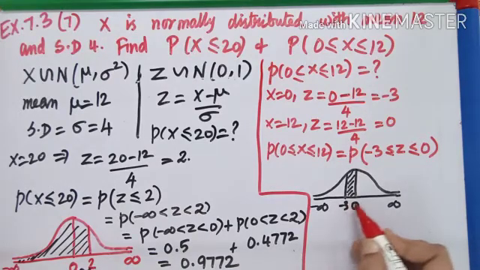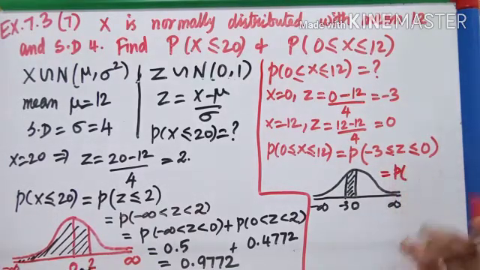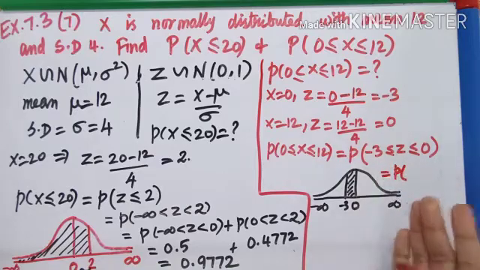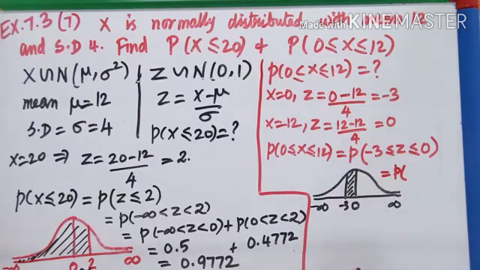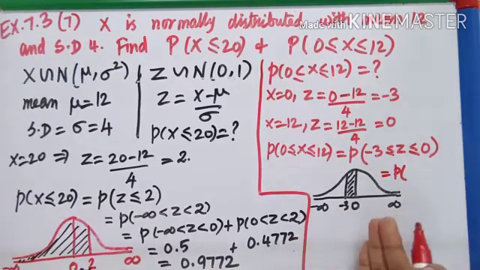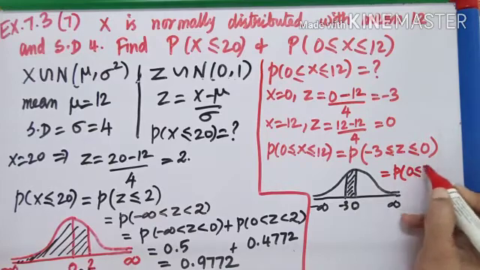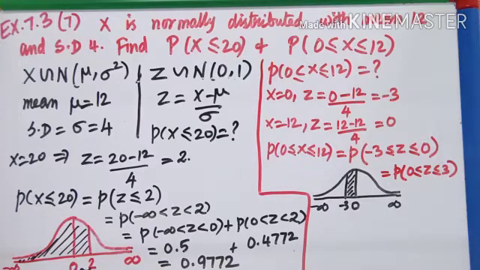Even if I say negative value, I cannot refer to it in the table. Change it to positive, because by symmetry, what is left and what is right are equal. So instead of minus 3 to 0, I can replace it with 0 to 3. Now 0 to 3 means I have to refer to the table under 3.